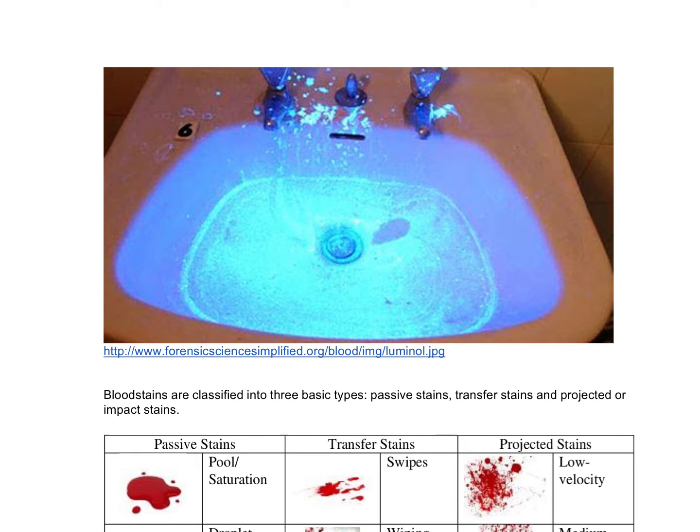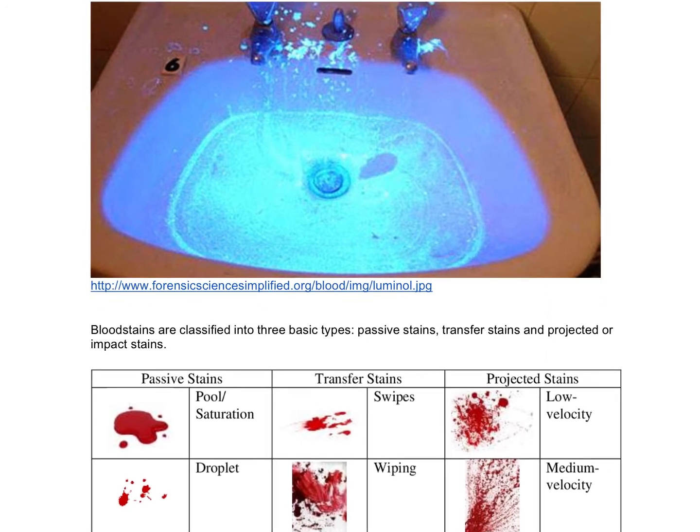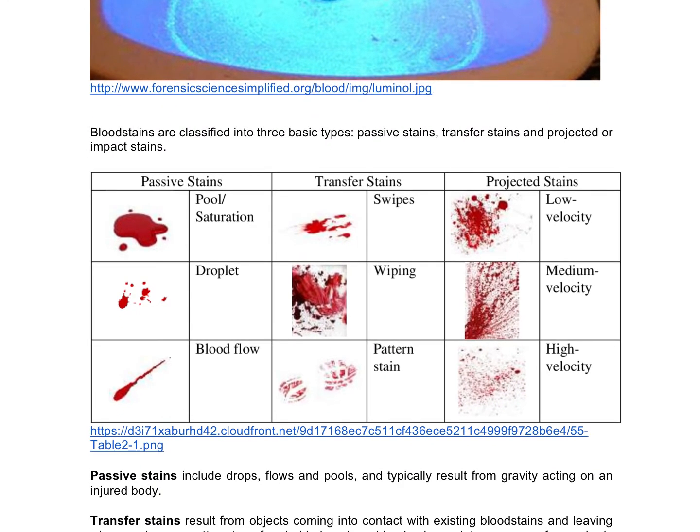Okay, now blood stains can be classified into three basic types. There's the passive stains, transfer stains, and projected or impact stains. Now passive stains are drops, pools or flows. They are typically a result of gravity acting on the injured body. That means it dropped downwards, vertically down. And these are some examples of the passive stains.